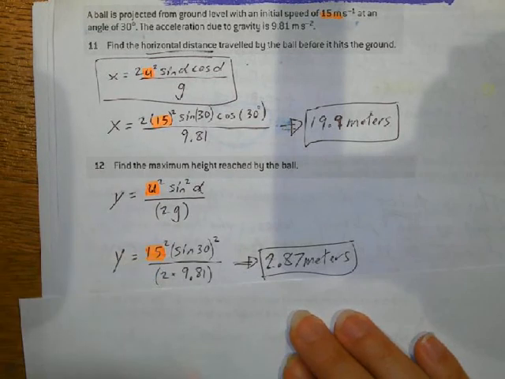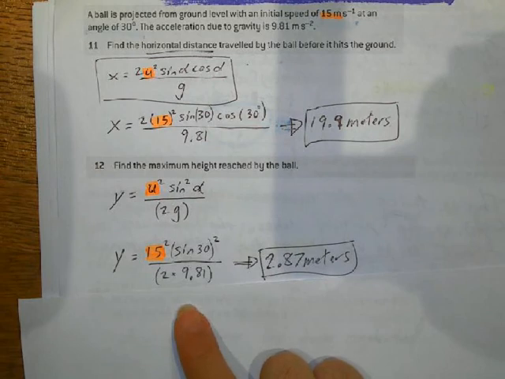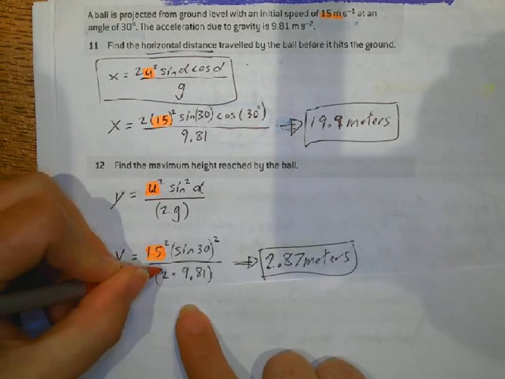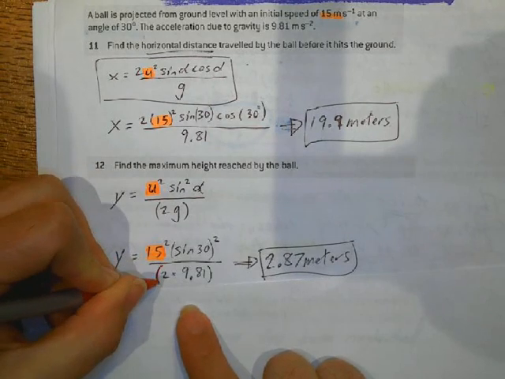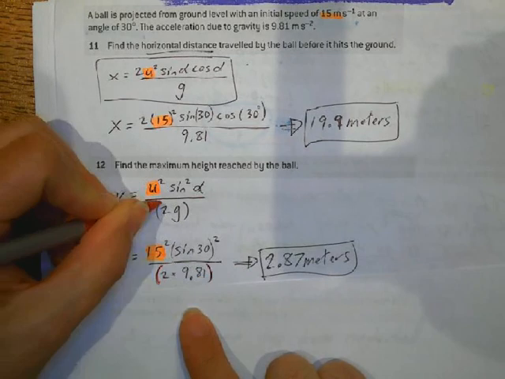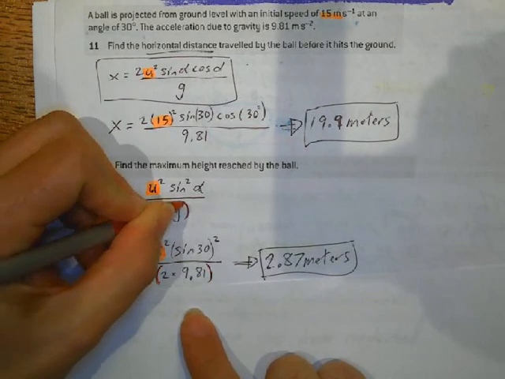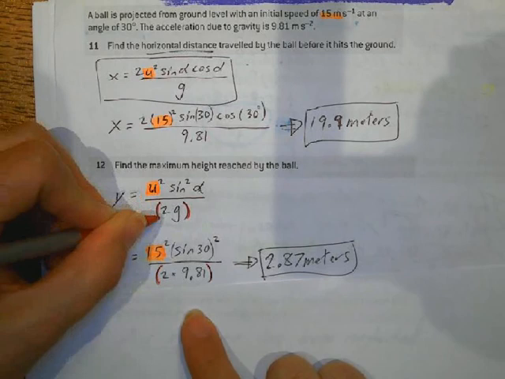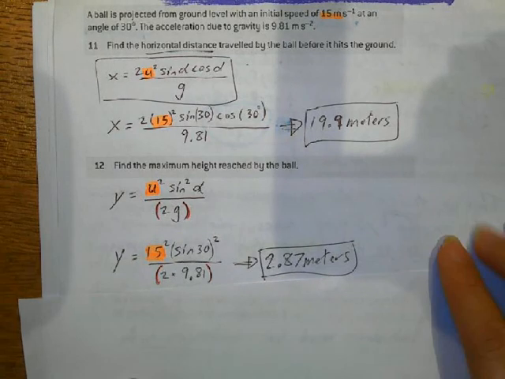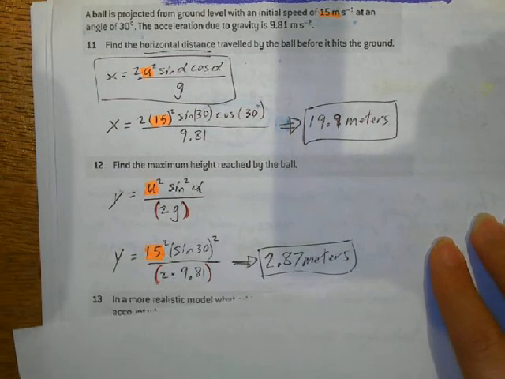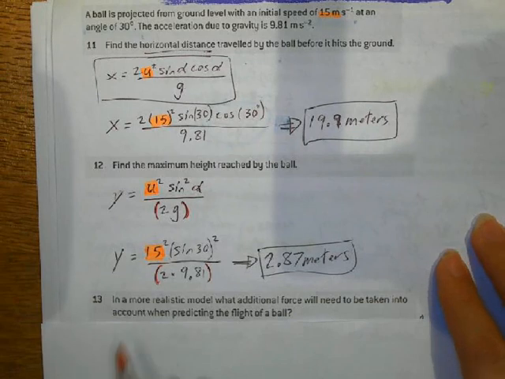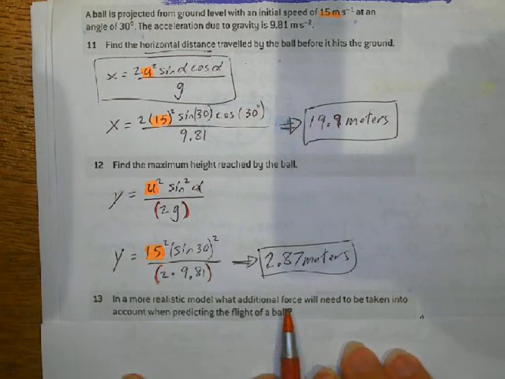Now, in order to prevent yourself from making a mistake, you might want to put the parentheses here for the 2g. Otherwise, you're going to make a PEMDAS error.